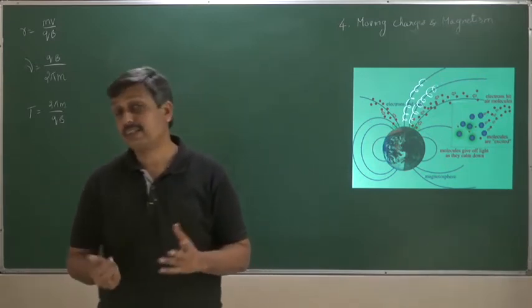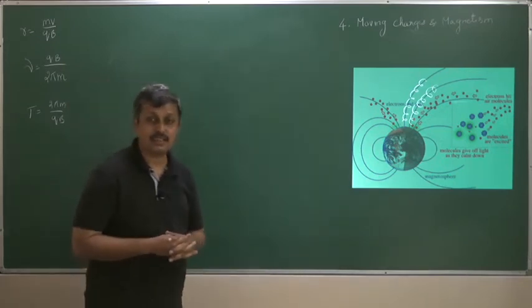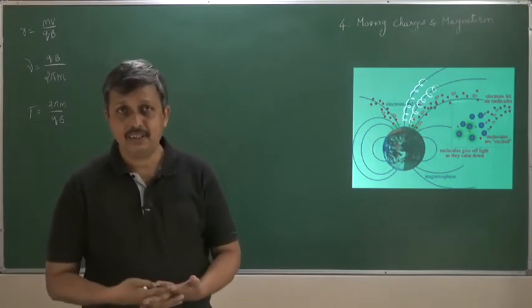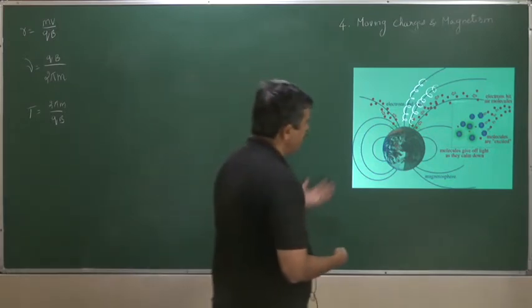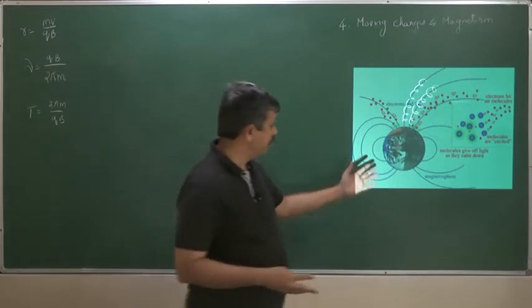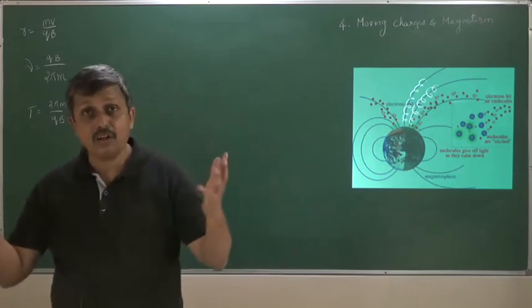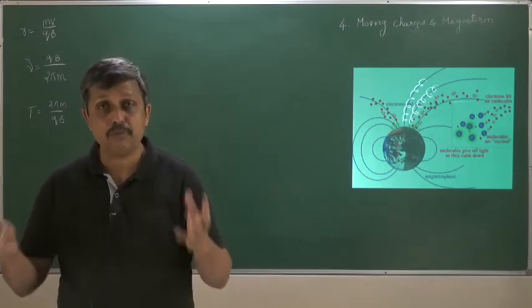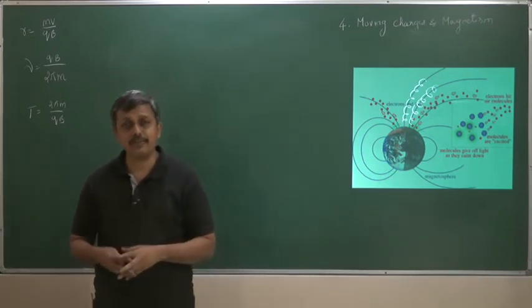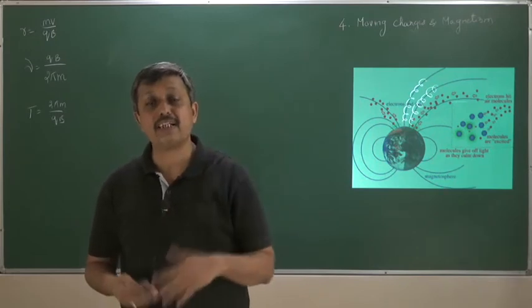Look at this. This is such a complex phenomenon to explain, this Aurora Borealis. You have to understand the movement of charged particles in the magnetic field, and where those particles are coming from. You have to show that they are coming from the Sun, and that they go to the poles because of the Earth's magnetic field. They are hitting the oxygen atoms, nitrogen molecules and oxygen molecules and exciting them, and when they come back, they give up pink and green light.